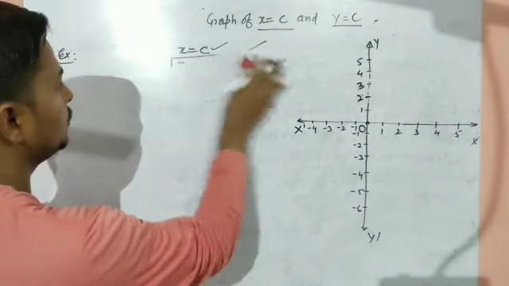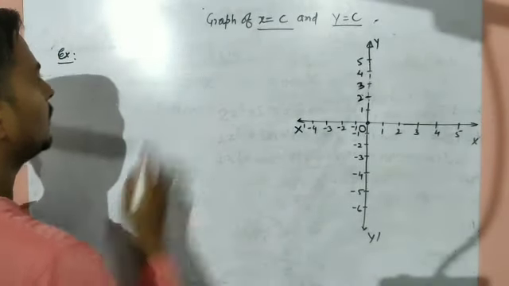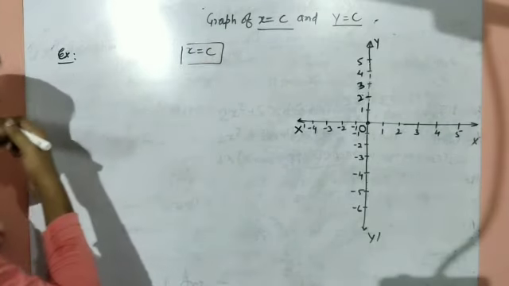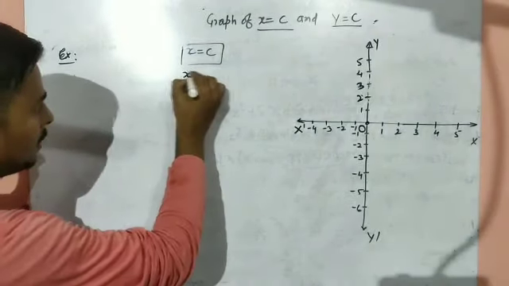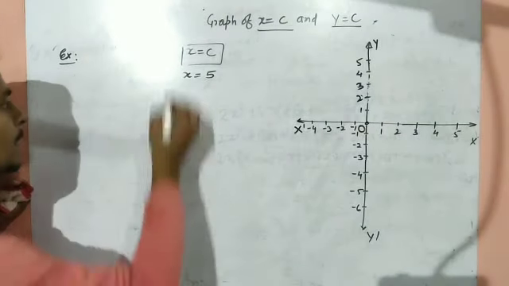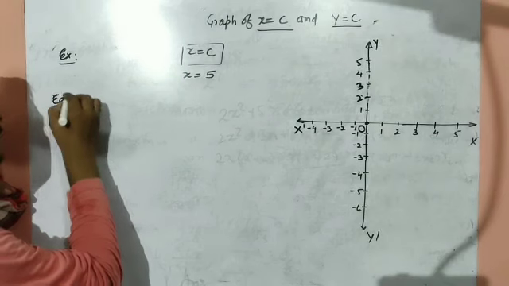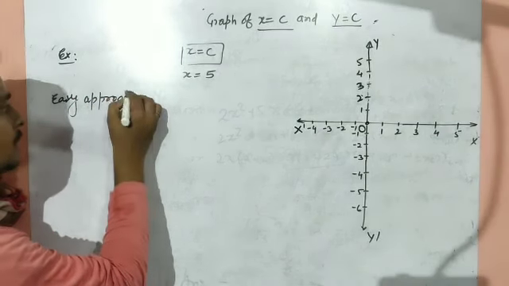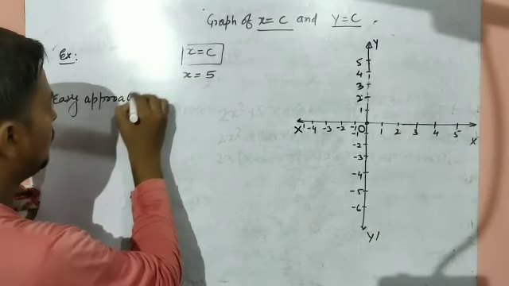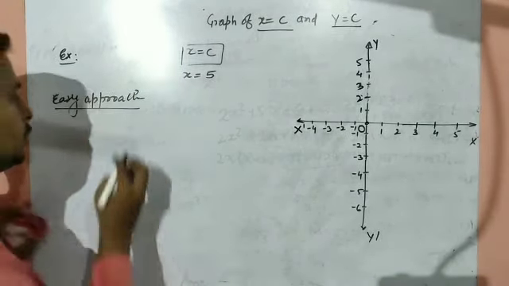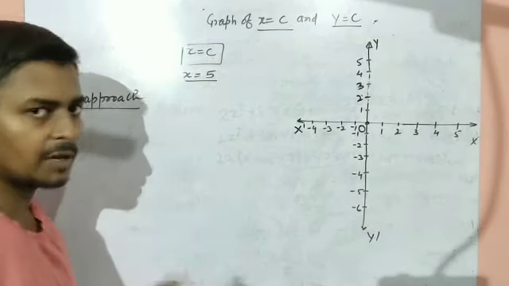So how will we proceed to draw the graph of x is equal to c? The example we are taking is x is equal to 5. The easy approach I am giving you is to do the simple thing, because x is fixed.